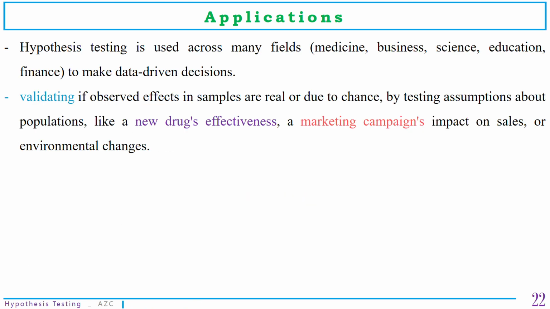Applications of hypothesis testing. Hypothesis testing is used across many fields, such as medicine, business, science, education, and finance, to make data-driven decisions. It validates whether observed effects in samples are real or due to chance by testing assumptions about populations, like a new drug's effectiveness, a marketing campaign's impact on sales, or environmental changes.